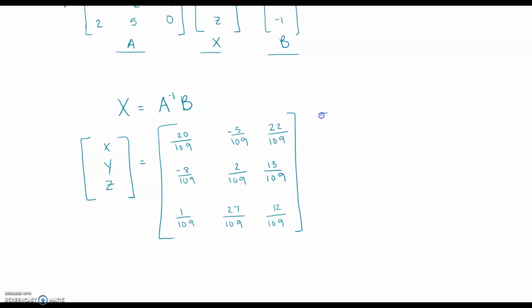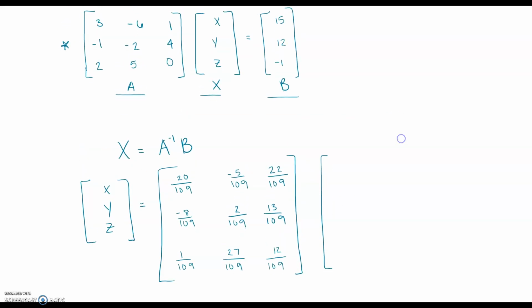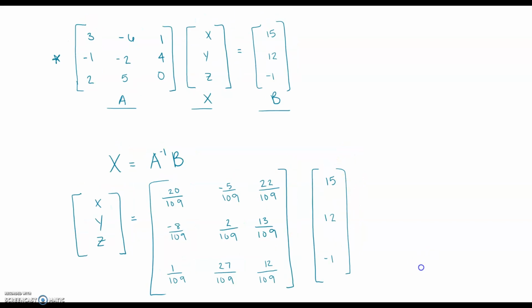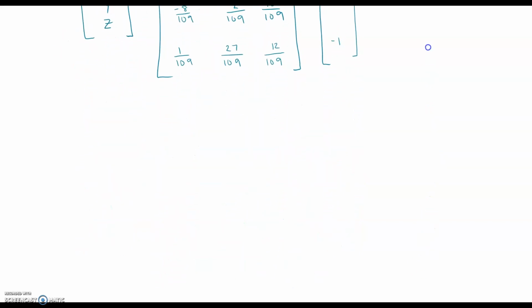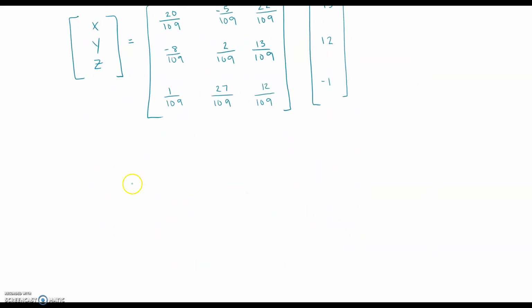And I'm multiplying that by my B matrix, which is 15, 12, -1. And now I'm going to do that in my calculator, because I don't want to do it by hand, which is the beauty of the calculator. And I am left with the matrix 2, -1, 3.